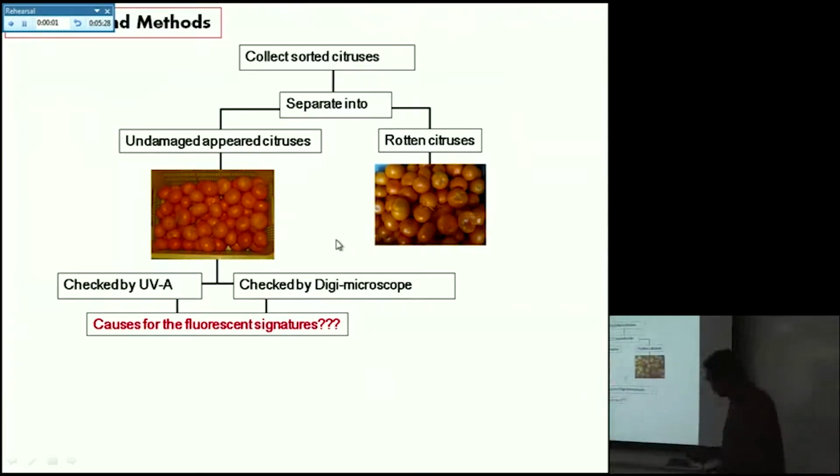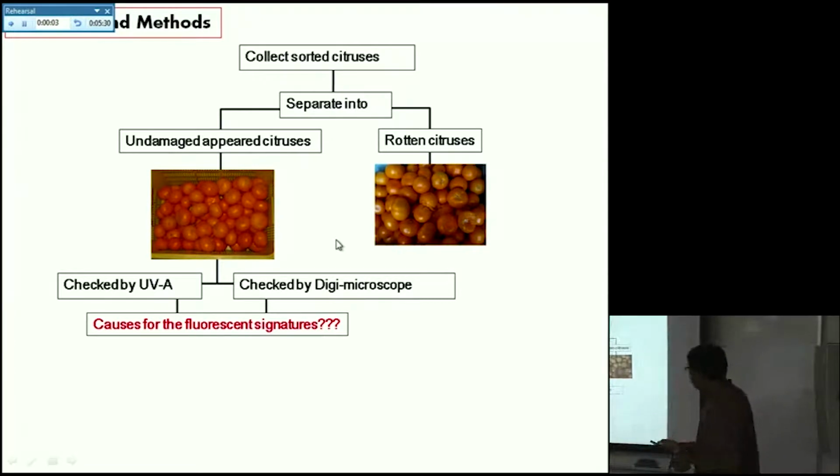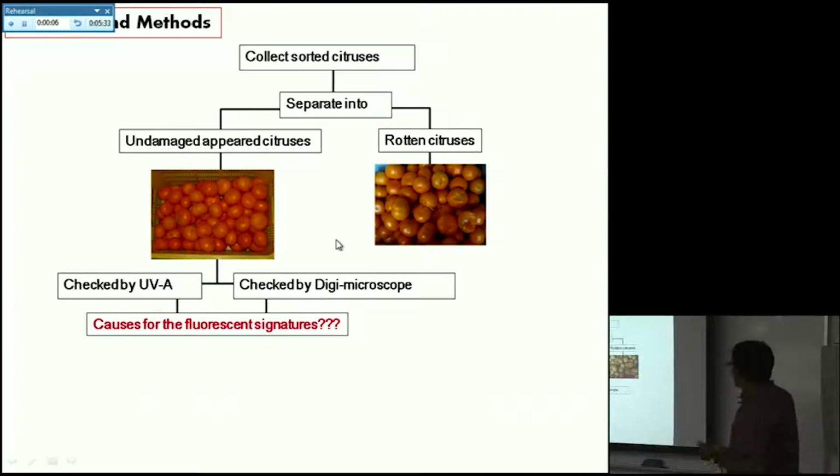To do this, the methodology was: after processing numerous lots of fruit, we collected the sorted citrus and examined whether the system detected only the rotten citrus or also citrus that appeared undamaged to the naked eye under visible light. We found that among the sorted citrus, 20% appeared undamaged to the naked eye and were not culled by the packing house workers.